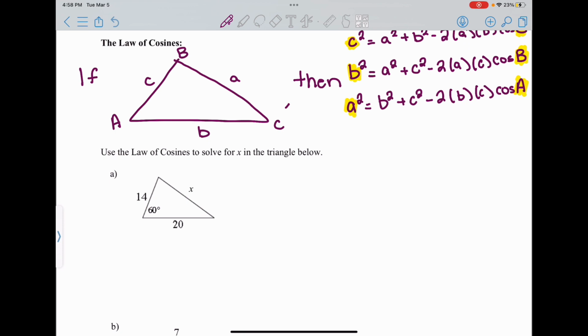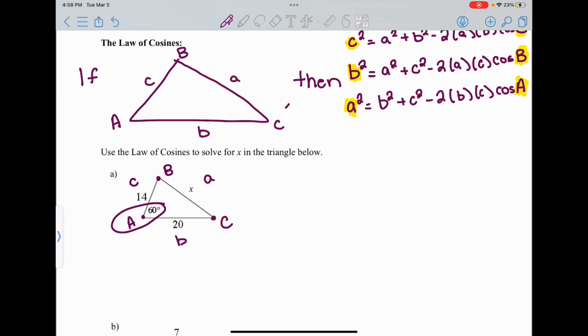If you notice in part A, I do not have an angle and opposite side pair. So I can't use the law of sines, which means I need to use the law of cosines. I'm going to label this A, B, and C. Across from big A is little a, across from big B is little b, and across from big C is little c.